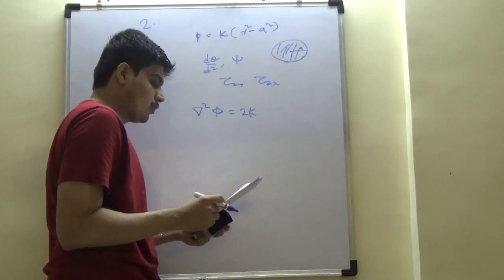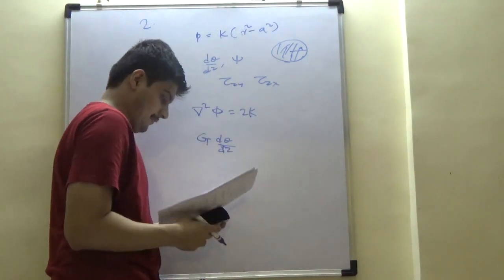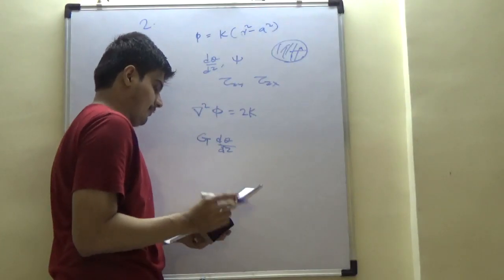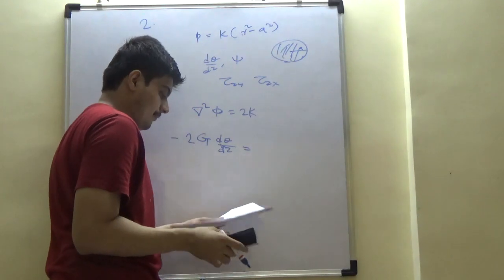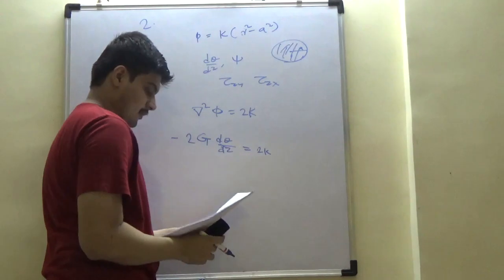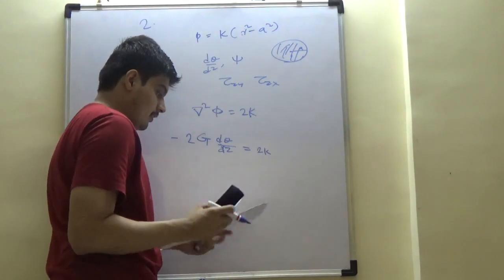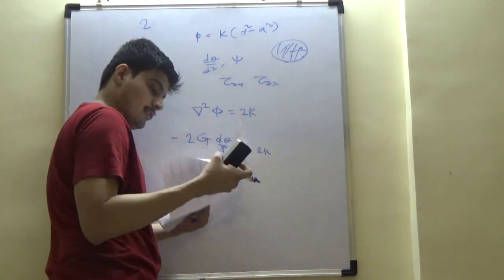Now G into d theta by dz is equal to del square phi. So there is one important relationship here.